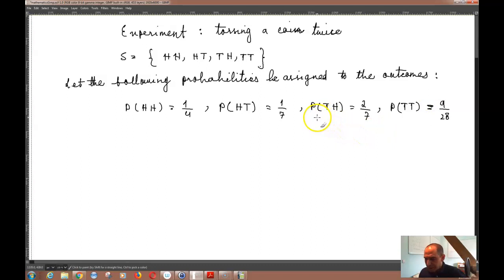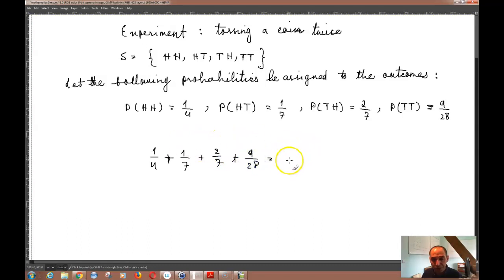So if that's the case, each of these probabilities is some value between 0 and 1, and the sum of these values is 1/4 and 1/7, 2/7, 9/28.